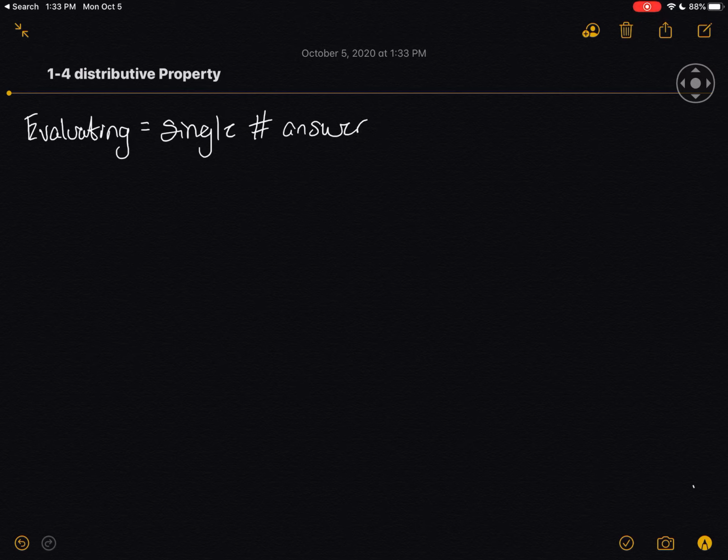So if I said to evaluate this, 420 times (1 plus 1/2 plus 1 plus 2 plus 2 and 1/2), we could do this one of two ways. We could add everything inside the parentheses, using PEMDAS, and that would give us 7 on the inside, and then we have 420.